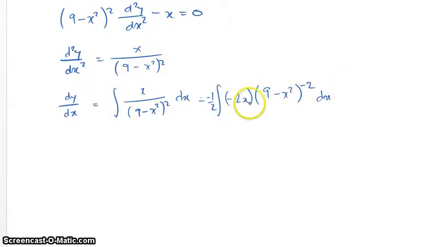So you can see we've got the derivative of the x squared here, so we just have to increase the power by 1, so that this is going to be negative 1/2 times (9 minus x squared) to the power of minus 1, and there's a negative sign here as well, dividing through by the new power. So in other words, this is just 1/2. Oops, why did I still have an integral sign there? Sorry, I shouldn't have had that.